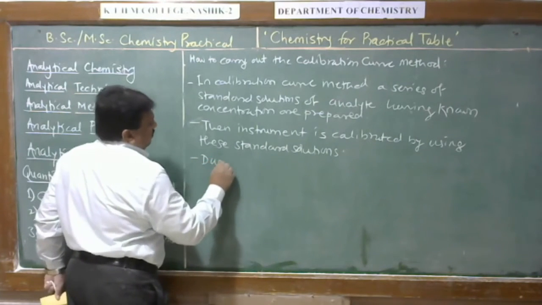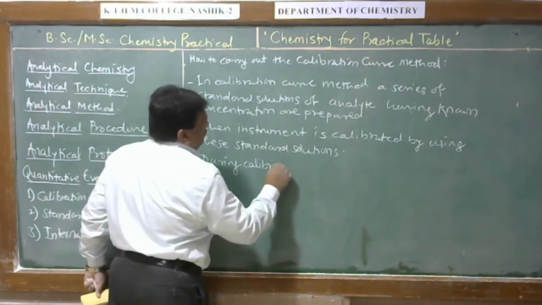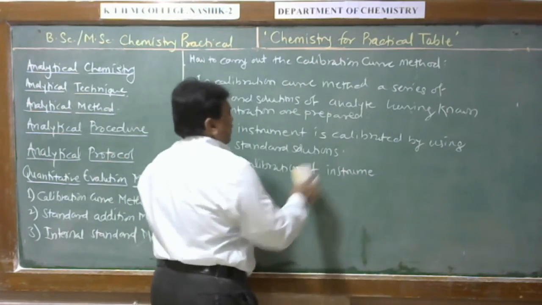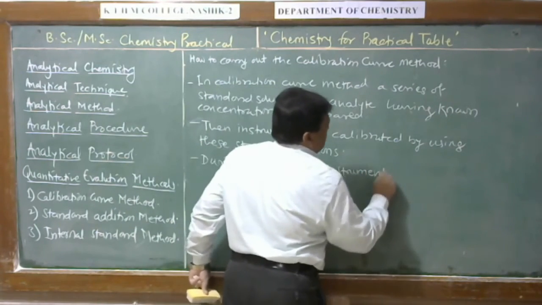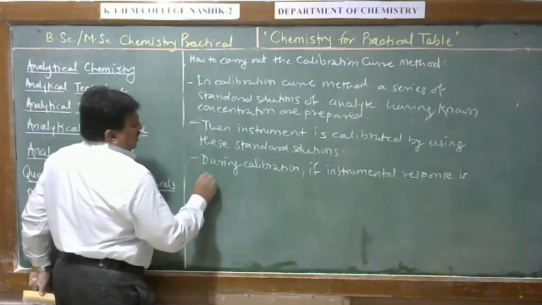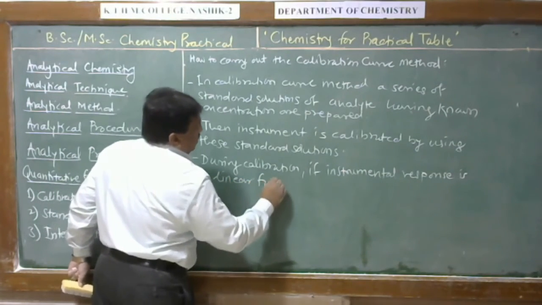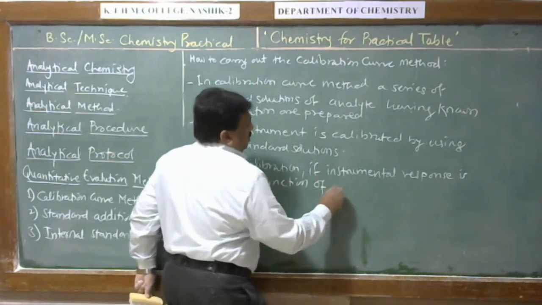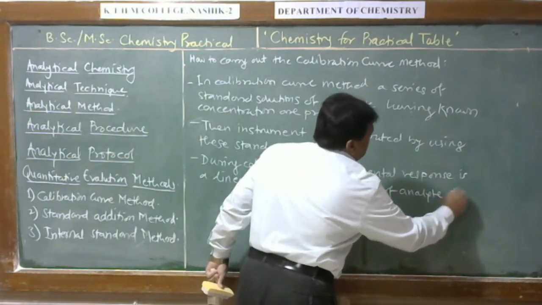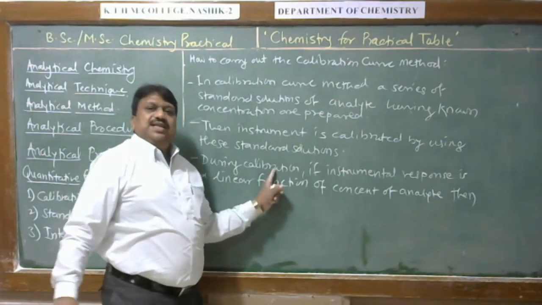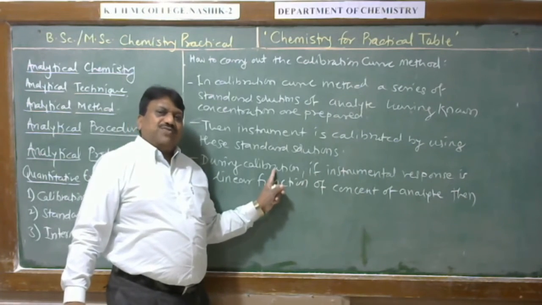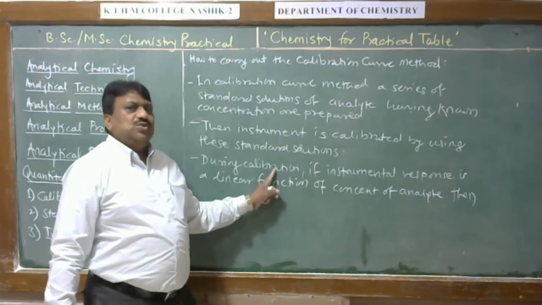During calibration of instrument, if instrumental response is a linear function of concentration of analyte, that means if we plot a graph of instrumental reading as a function of concentration, then we have a straight line passing through the origin.